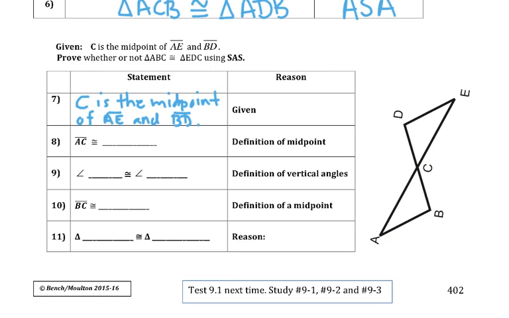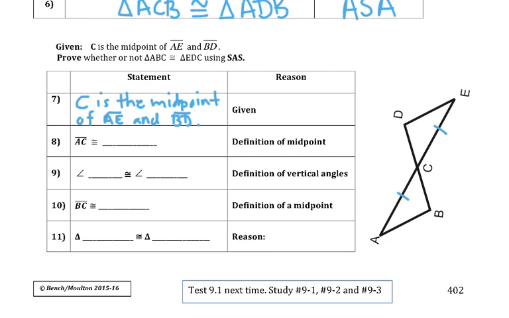Now that we've written down our given statement, C is the midpoint of AE and BD, let's make sure we understand what that means. If C is the midpoint, that means it's the same distance from A as it is to E. So AC would be the same length as CE. So we can use tick marks to show this in our triangle.